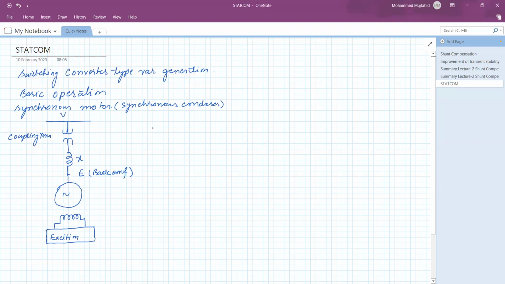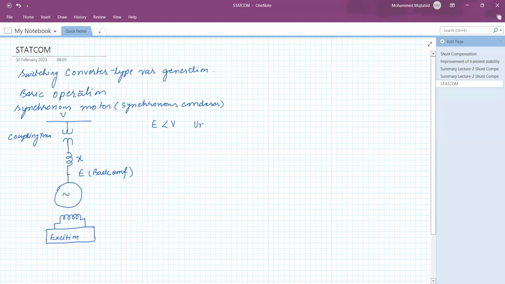Now, what are these different operations? We will take the back EMF, which depends upon the excitation. Let the back EMF E be smaller than the supply voltage. What does it mean? It means that the excitation is small.